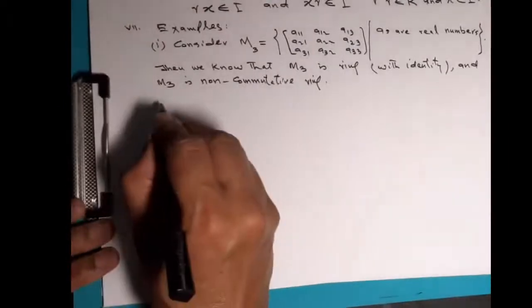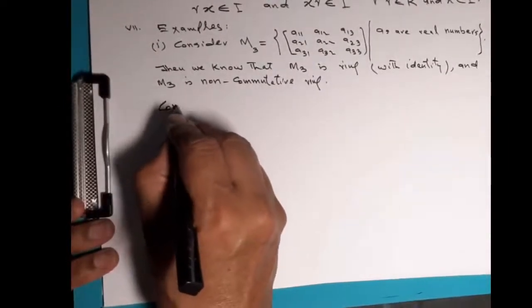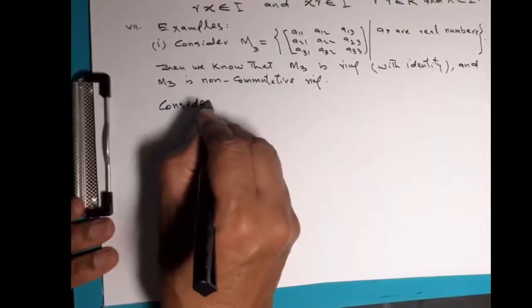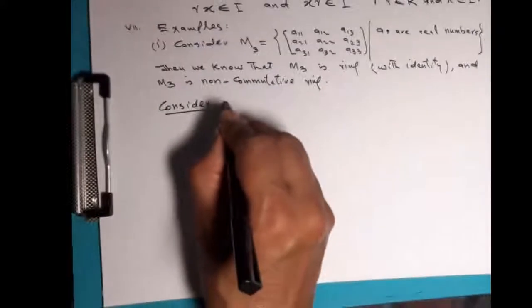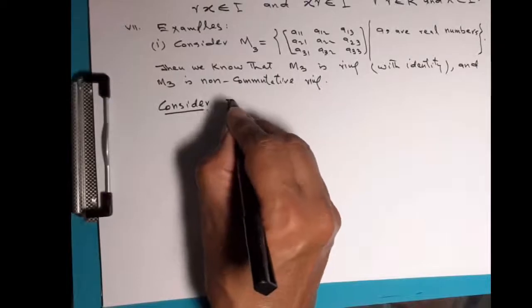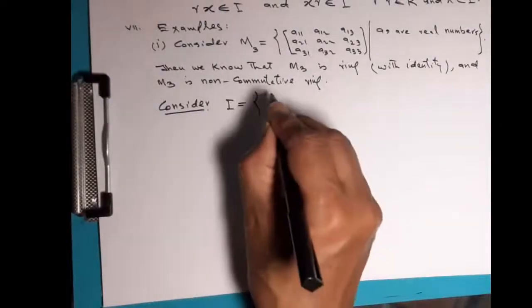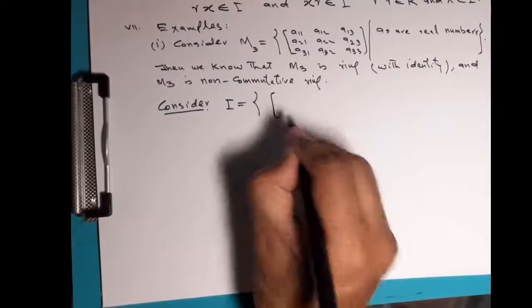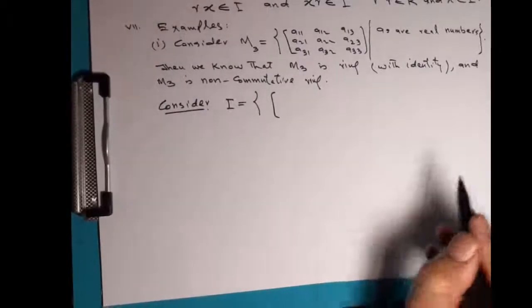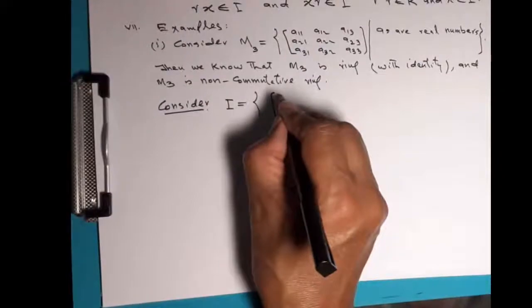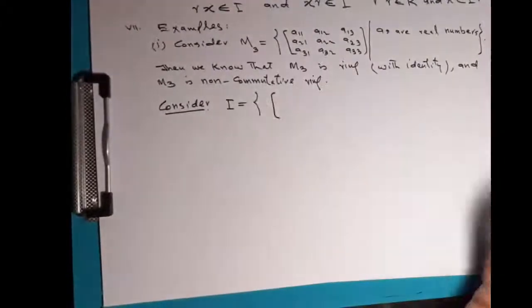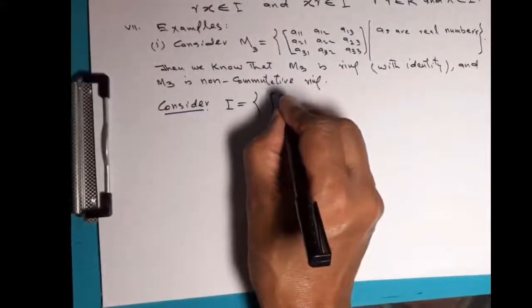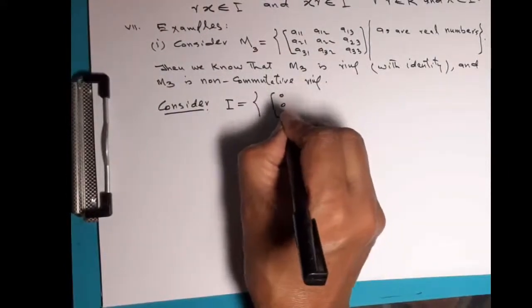Now, consider this particular subset of M3. Let's call it I. This is a subset of M3 whose, say, first two columns are zero, or the first and third, or second and third columns, whatever you like. Anyway, it is your choice.